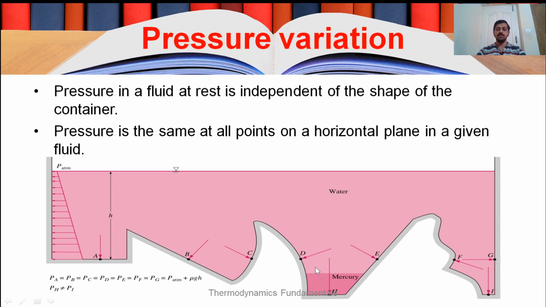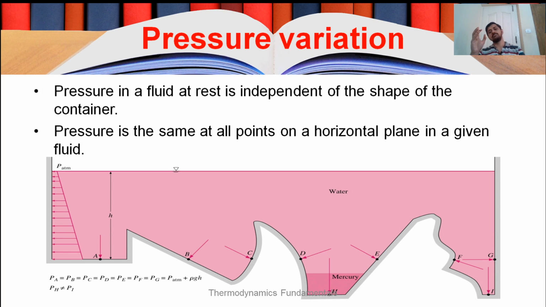But if you notice, point I is connected with water, but H is connected with mercury. Even though H and I are situated at the same level, they will experience different pressures, because at point H mercury is filled, and at point I water is filled. So even though these 2 points are at the same horizontal level, they experience different pressures because of different fluids.